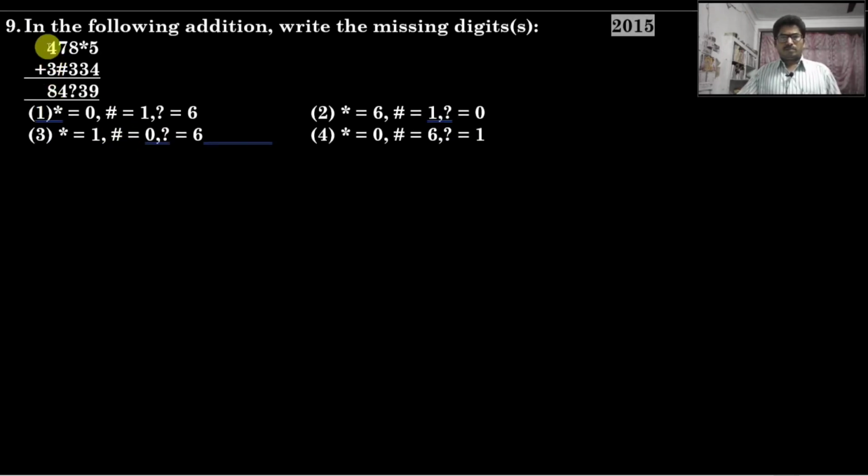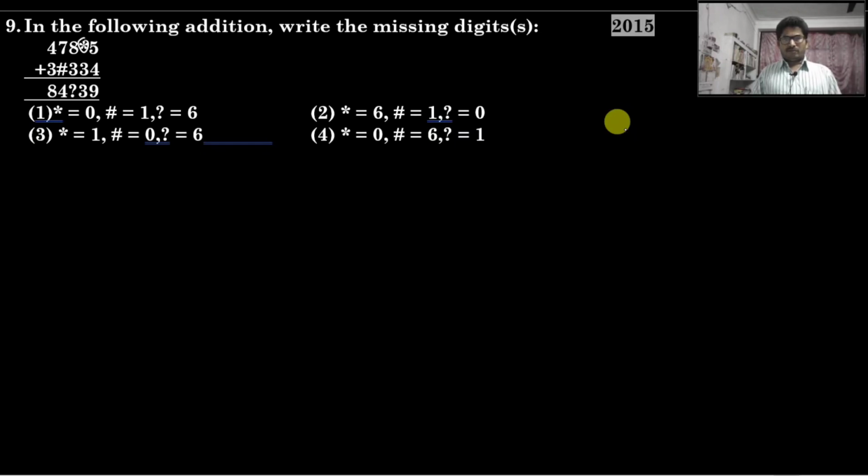Ninth question. In the following addition, write the missing digits. This is addition, 5 plus 4, 9, okay. Here we have star, 3, 0, here 0 only. So in place of star, we have to get 0.